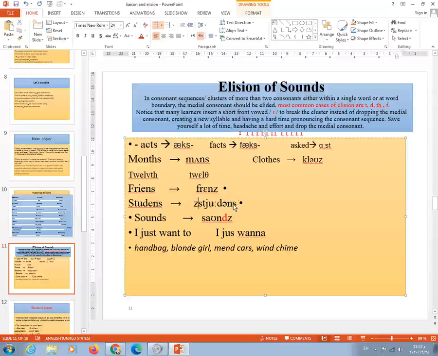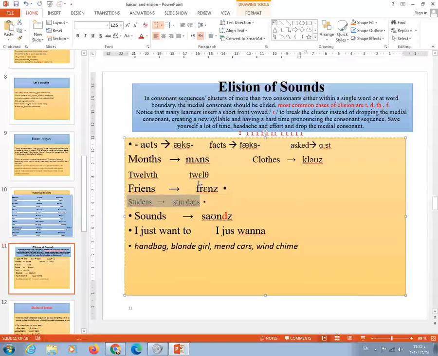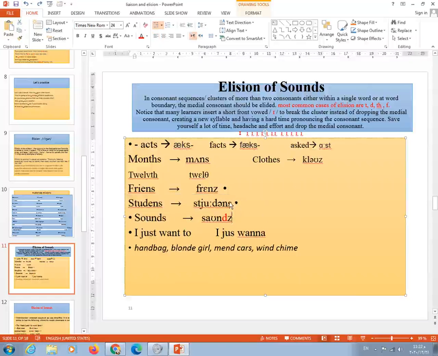Sorry. Students. I want to change this. It's very difficult. Okay, yes it's the students. Okay just like friends, students or students. In Americans they do not pronounce the students.